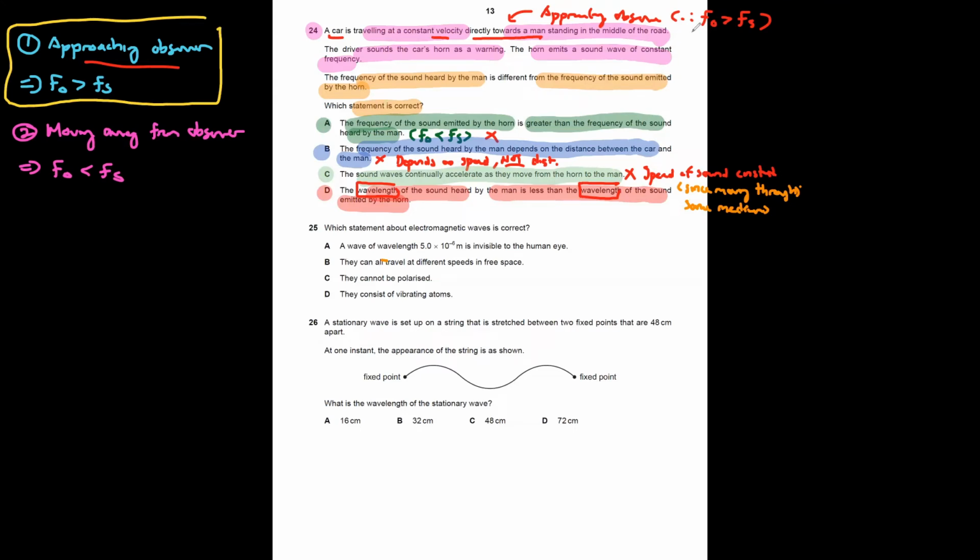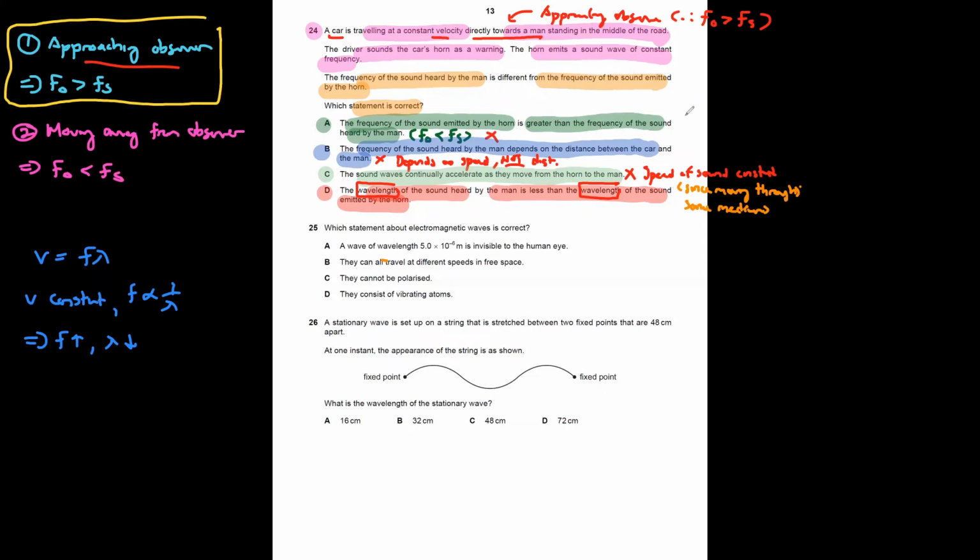Now, let's try to relate it to wavelength. You know v = fλ. I already mentioned speed is constant here because you're moving through the same medium. f is inversely proportional to wavelength. So if frequency is large, wavelength is small, and vice versa.